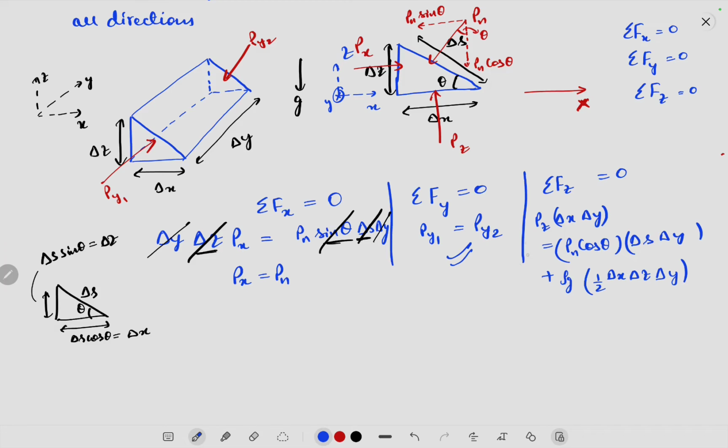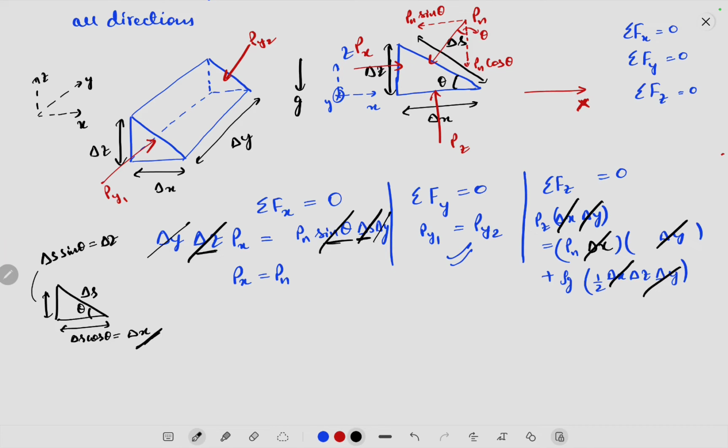Next, let's try to simplify this expression. Delta y and delta y would cancel out, and delta s cos theta is equal to delta x. So this can be simplified, and since we have delta x here and here, this gets cancelled out.